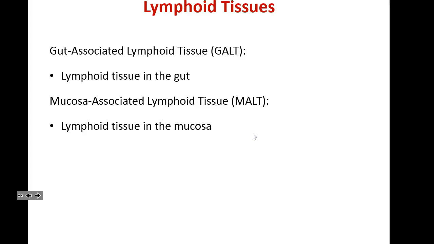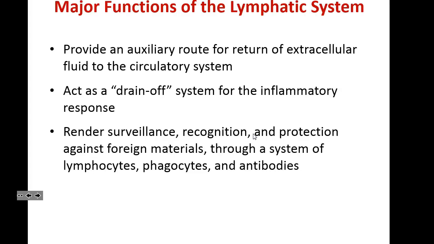So how can we remember GALT and MALT? GALT is in the gut. MALT is in the mucosa-associated lymphoid tissue.